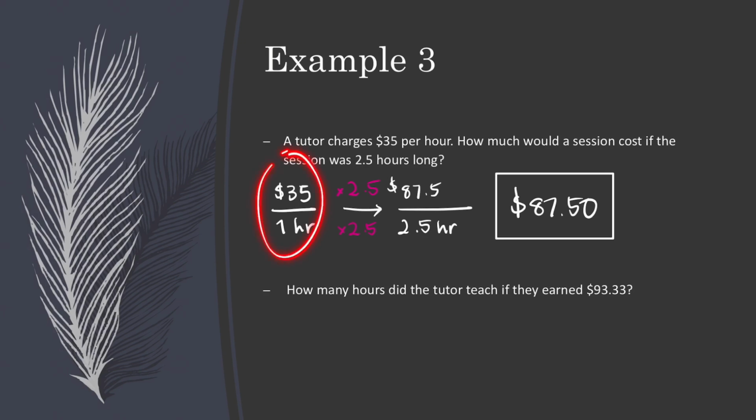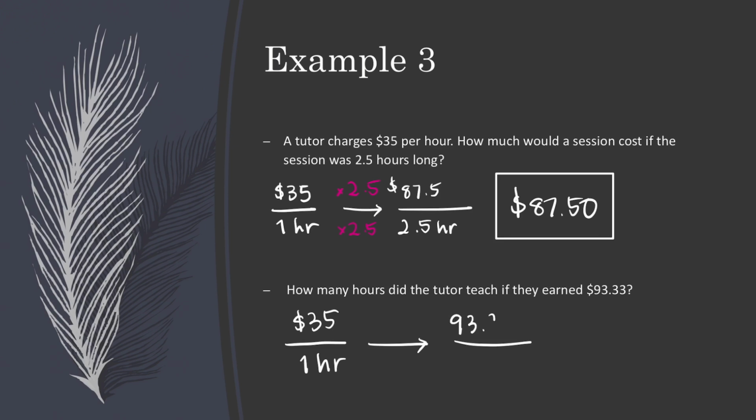And that's really it. Once you get that unit rate written, you just have to make sure you know what you're multiplying both parts by. So how many hours did the teacher teach if they earned $93.33? So again, I have $35 per 1 hour. I know that they're earning $93.33. I don't know this one off the top of my head. So like I said before, if you don't, you can always just do that second number divided by the first number, and that will get you what you need to know.